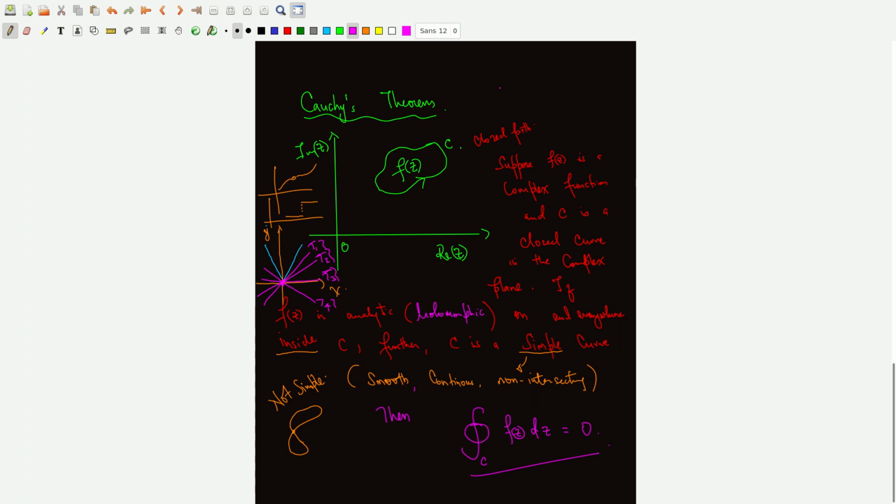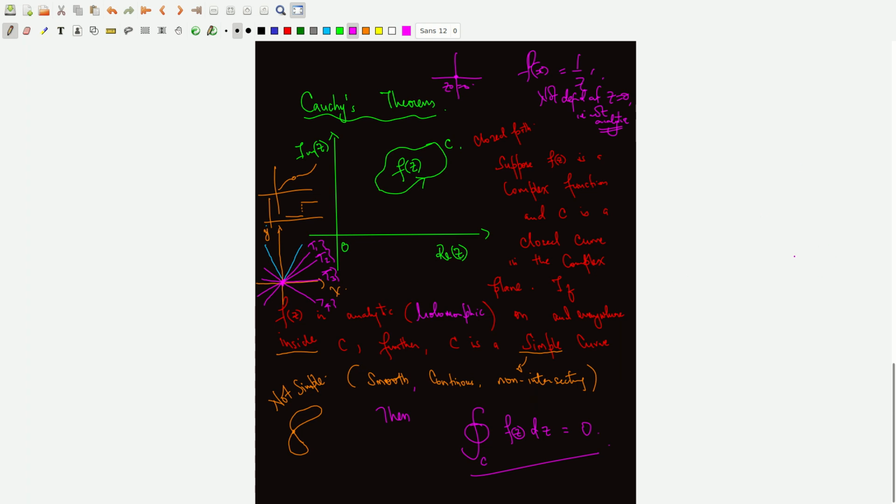For example, if you have f of z equals 1 over z, we know that it is not defined at the point z equals 0. So at z equals 0, we shall say it is not analytic. It is not defined at that point.